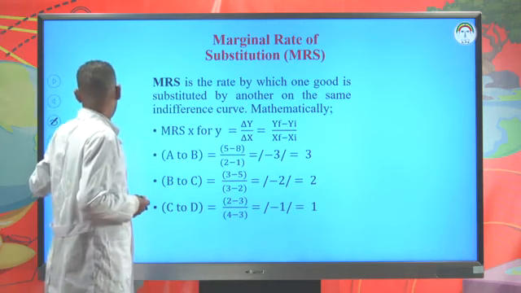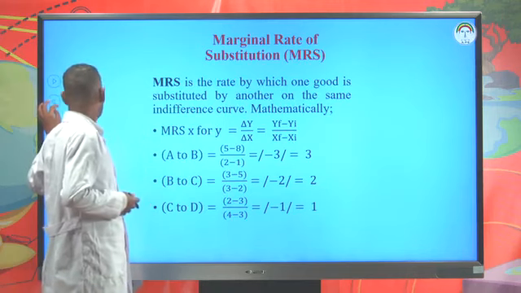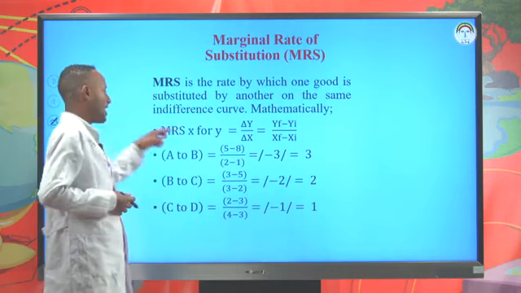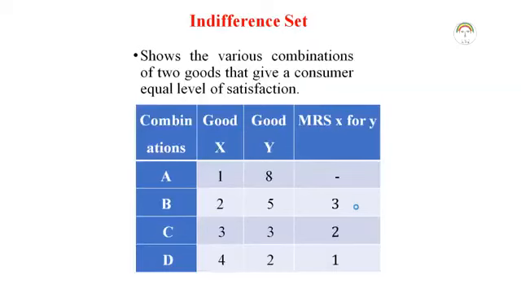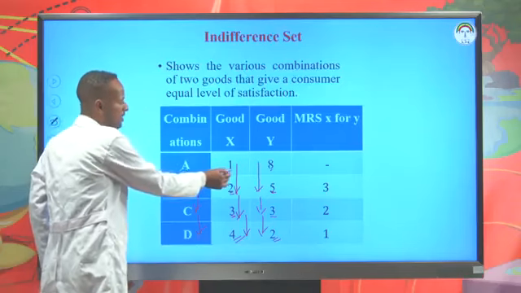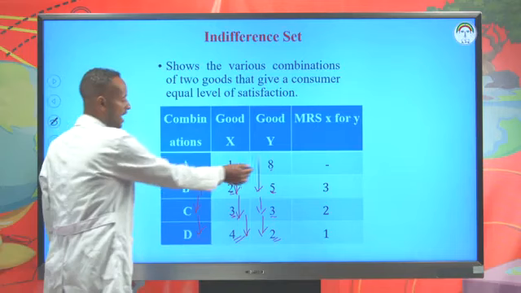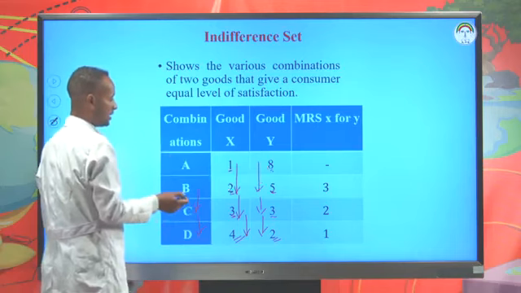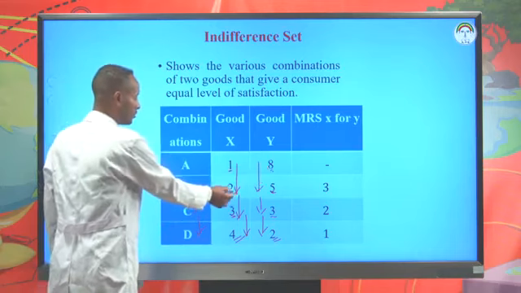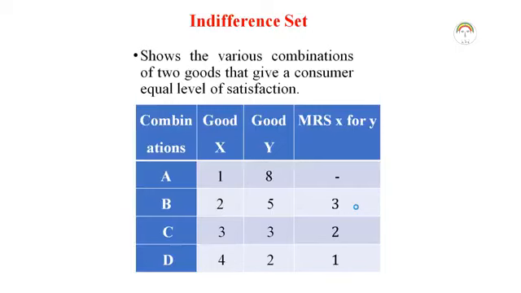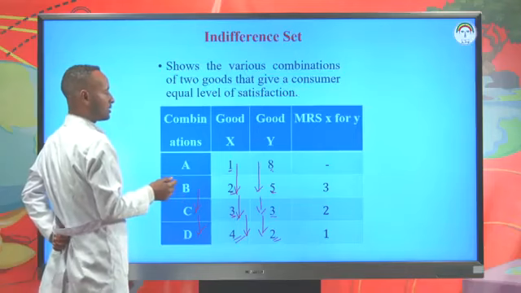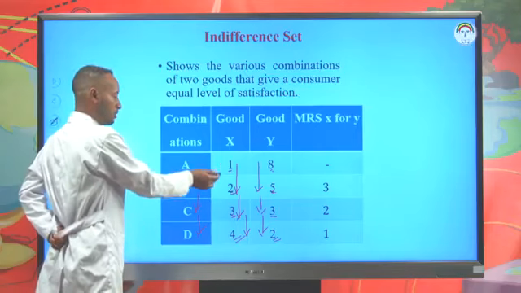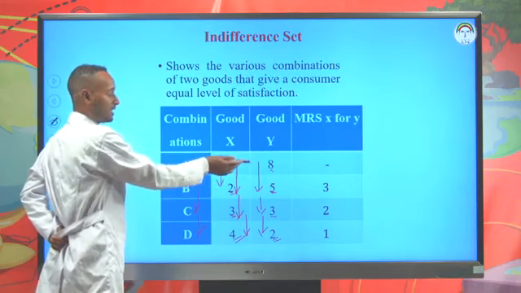So when we are going to calculate the marginal rate of substitution of X for Y from combination A to combination B, if the satisfaction that we get from 1 unit of commodity X and 8 units of commodity Y is equal to that of 2 units of X and 5 units of Y, hence the rate by which one good is substituted for another is 3.